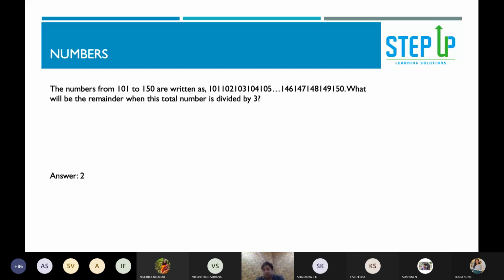Let's talk about another approach. We are talking about divisibility of 3 here. A fun fact: if you write any 3 continuous numbers, their sum is always divisible by 3. Are you aware of it? Take 4, 5, 6. The sum of these 3 numbers is 15.